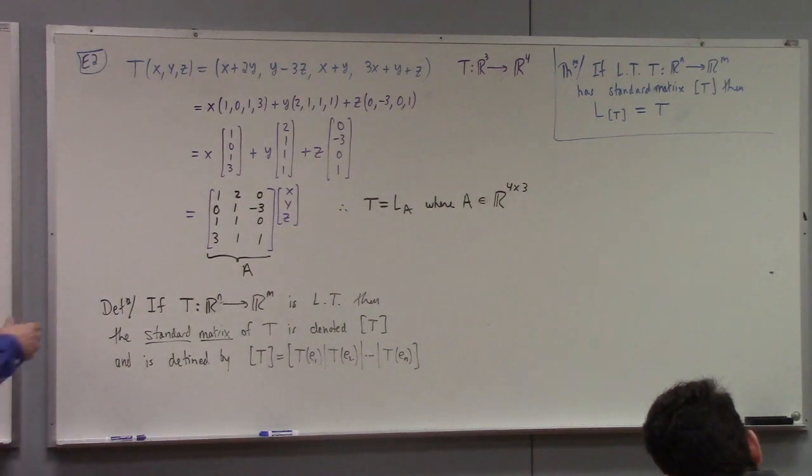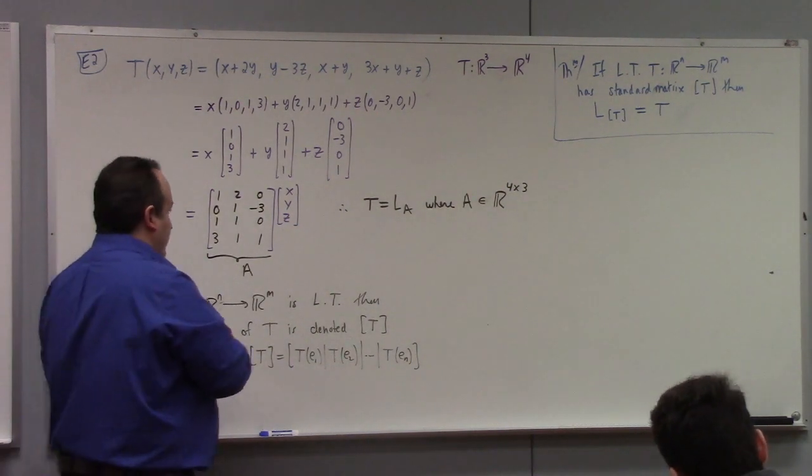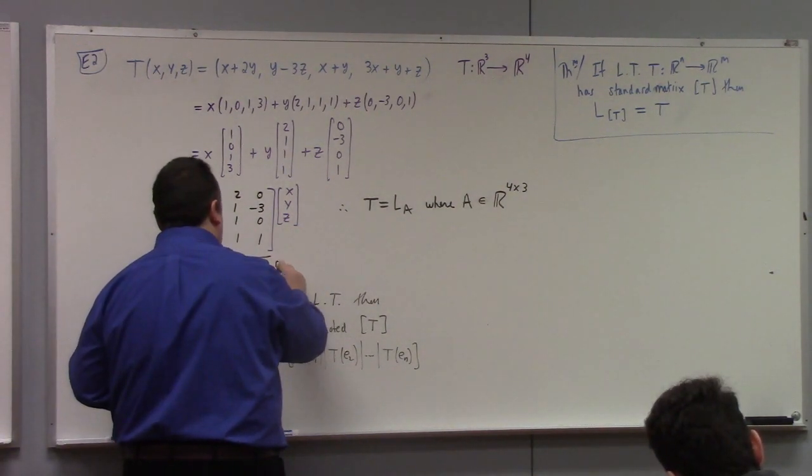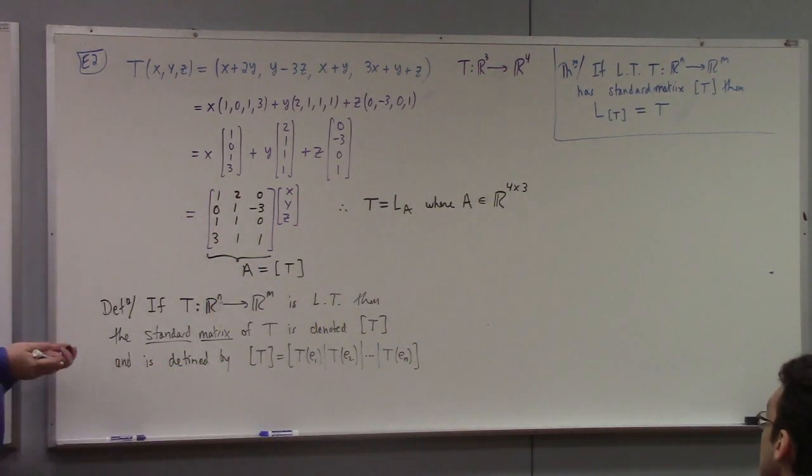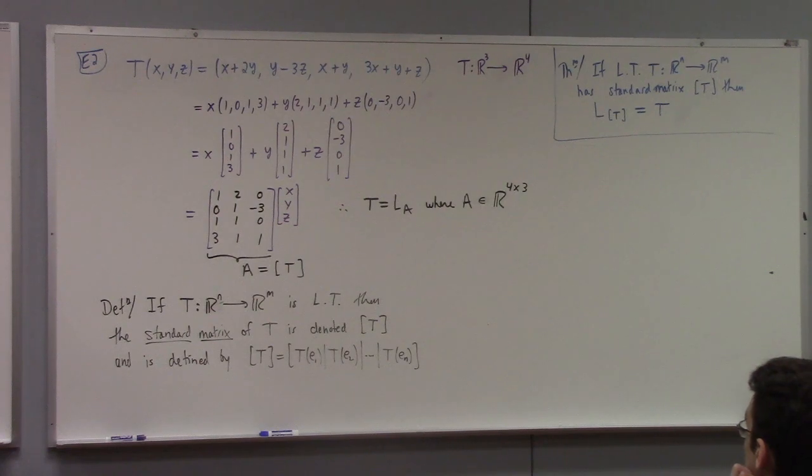Like this right here, in my example 2, A is literally the standard matrix of T, all right? In retrospect, that's what we found. That's the standard matrix of that linear transformation.